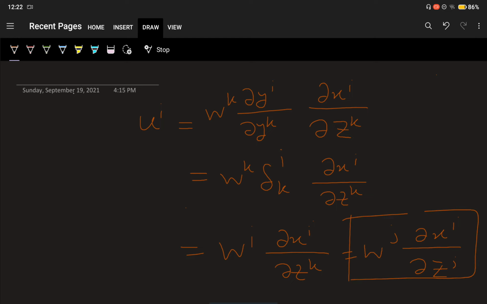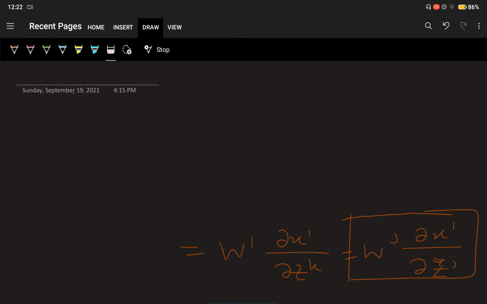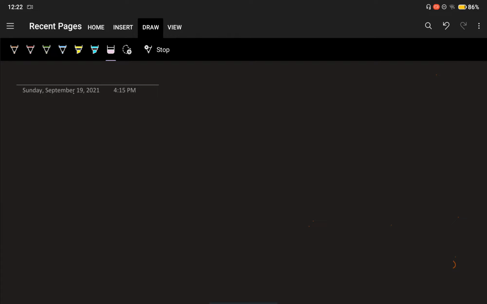We can interchange the dummy indices and write it like that. So this is lecture 1. Next is the lecture about tensors, contravariant tensors, covariant tensors, and tensor algebra, and so on.